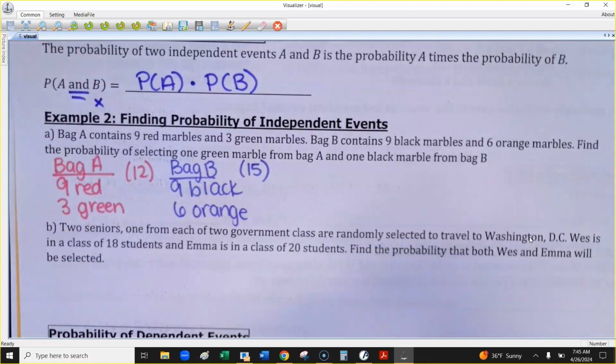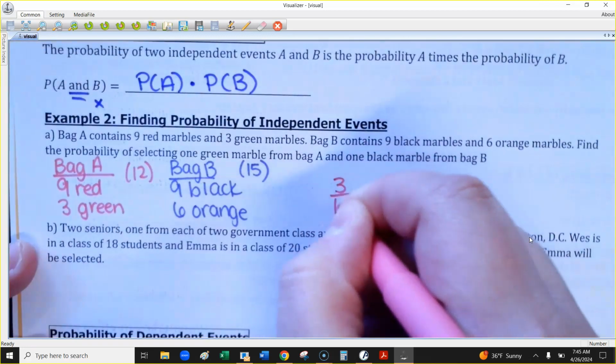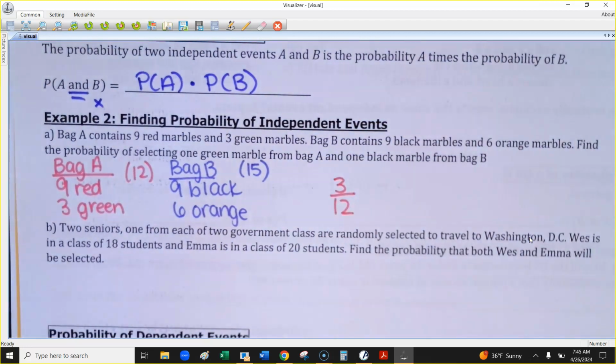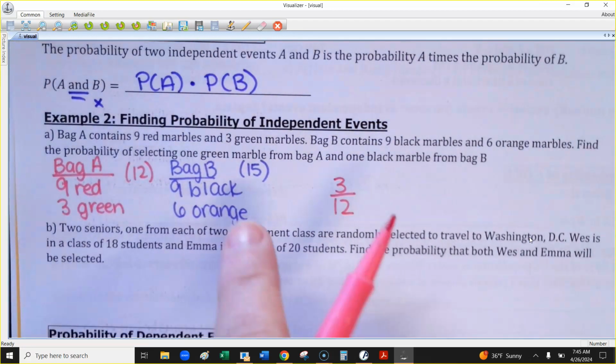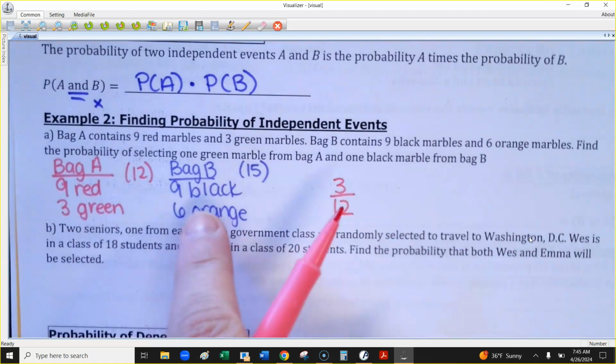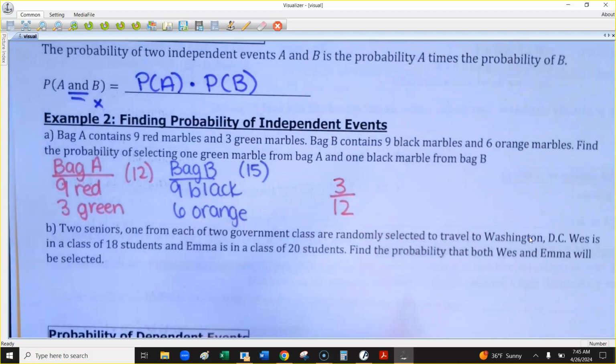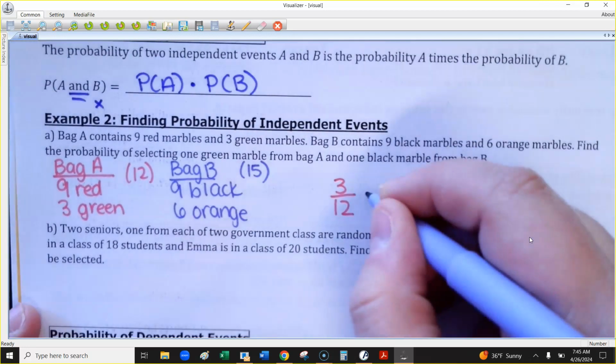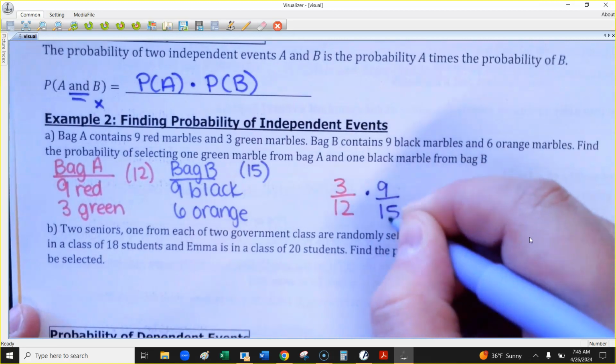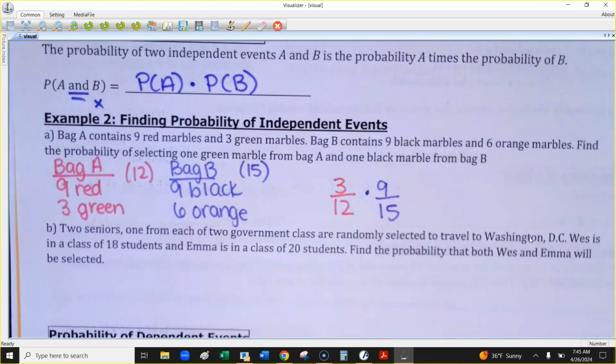Don't worry about reducing for a second. Now, what is the probability that I would draw a black one from bag B? 9 out of 15. And then all you're going to do is multiply these together to get your total probability. You can reduce the fractions or you can just use your calculator.